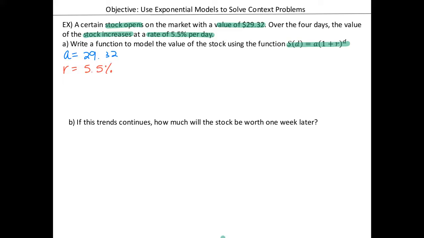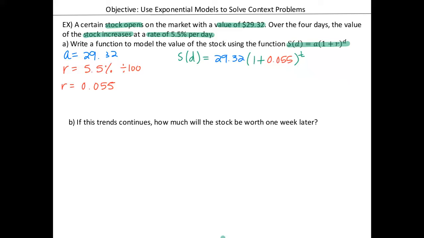For my R, again, we can do divided by 100. So my R is going to be 0.055. Or you can take the decimal, move it over twice. All right, so we have S of D is equal to my A value, which is $29.32, times parenthesis 1 plus my R, which is 0.055, raised to the T power.